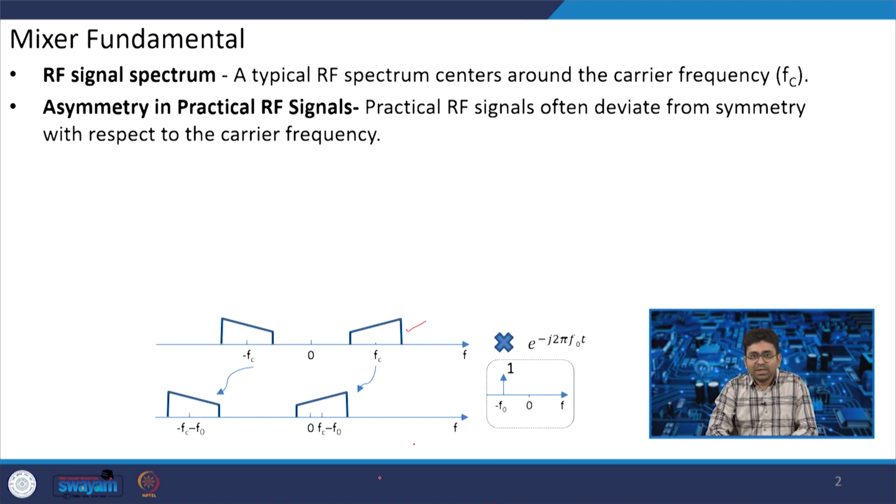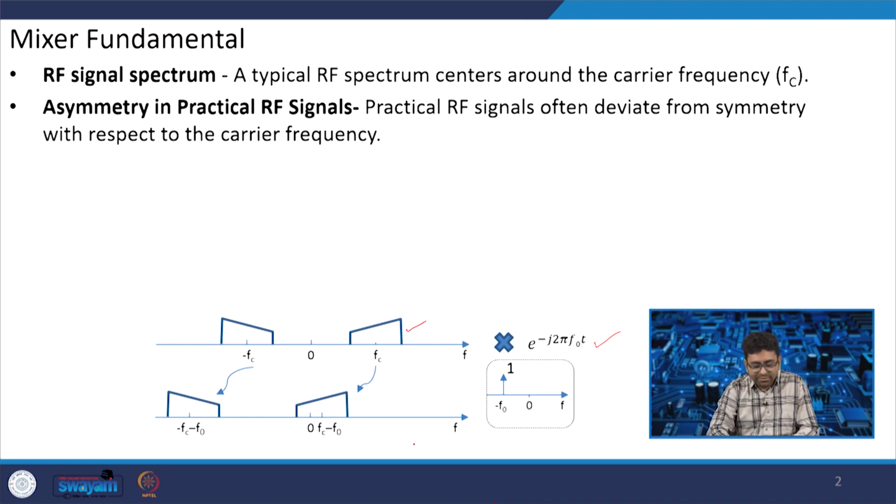So, asymmetry in practical RF signals: practical RF signals often deviate from symmetry with respect to the carrier frequency. When you try to down convert, what you need to do is multiply with e raised to minus j omega naught t, or 2 pi f naught t, where your carrier signal lies at f naught.